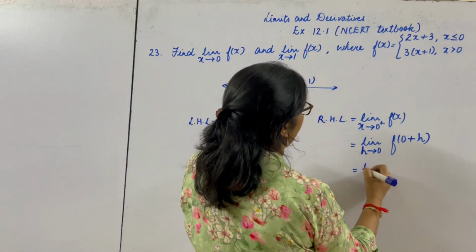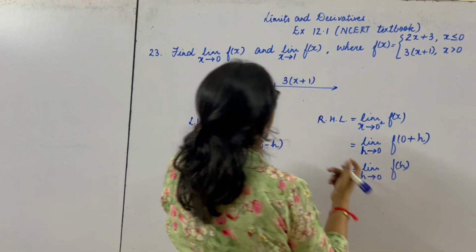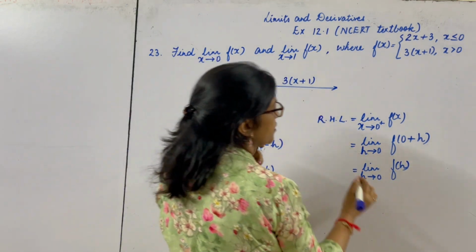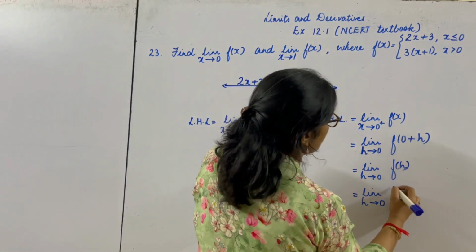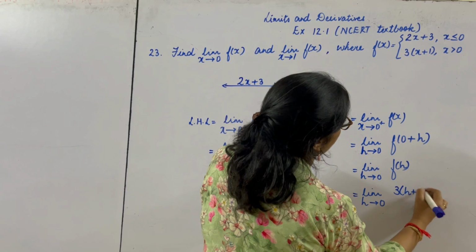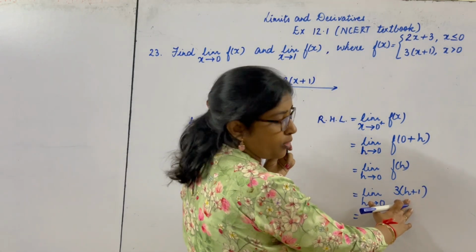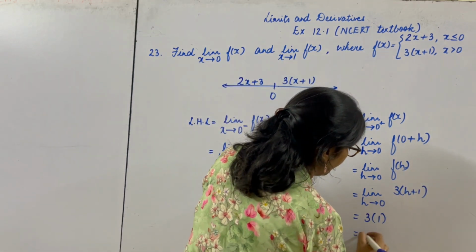And 0 plus h is f of h here. So the function bigger than 0 here is 3 into x plus 1, but now instead of x, we have h. So we'll write 3 into h plus 1. Now since once again the denominator is non-zero, put h as 0 here, for the limiting value.